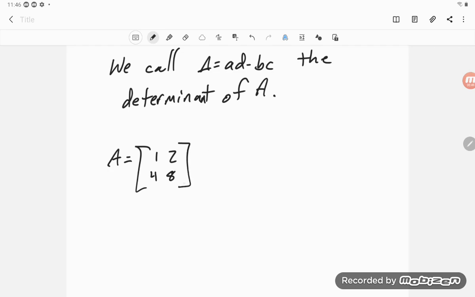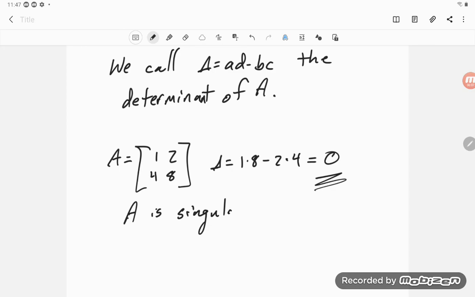And notice that the determinant here, delta, is equal to 1 times 8 minus 2 times 4, which is 0. So A is singular. So that's a nice little tool right there.